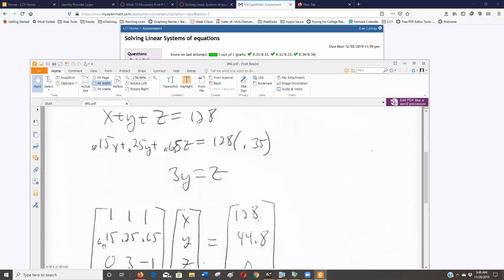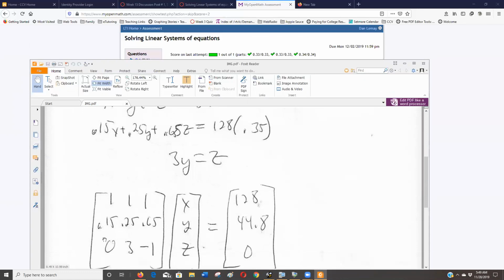Then the same deal for the second one: 0.15X plus 0.25Y plus 0.65Z has to equal 44.8. That's the 128 times the 0.35. And then for the third, I just brought the Z over: 0X plus 3Y minus 1Z has to equal 0.